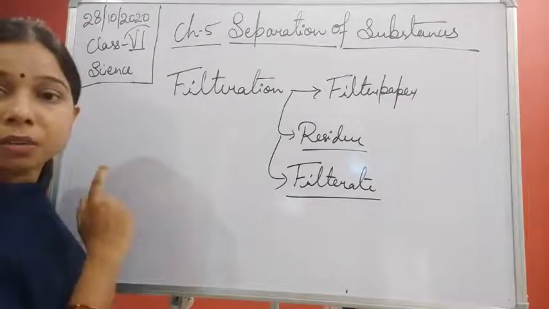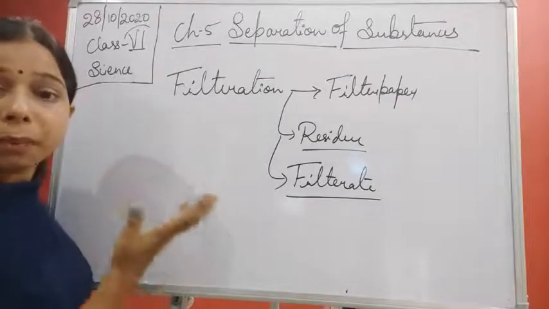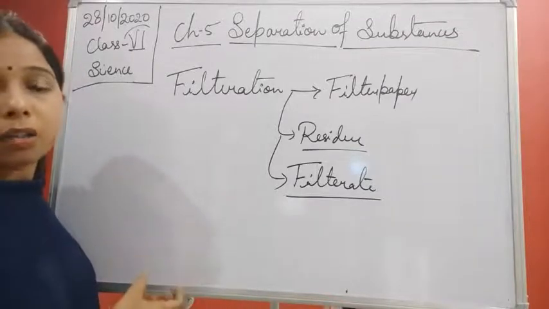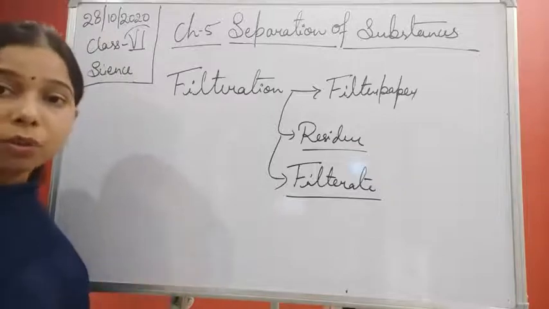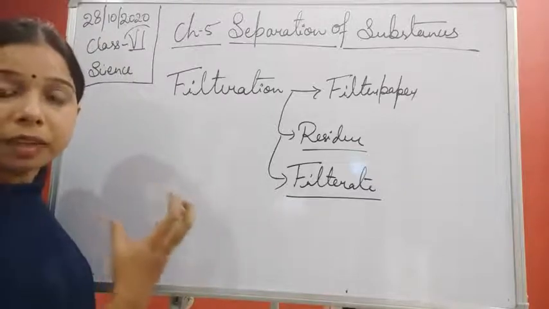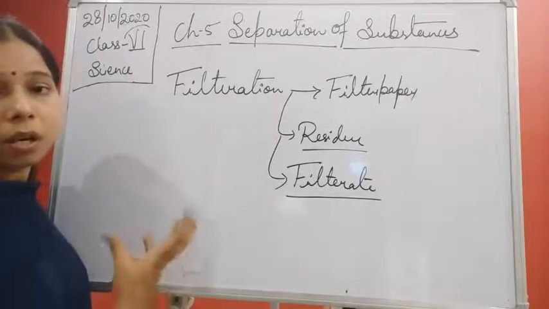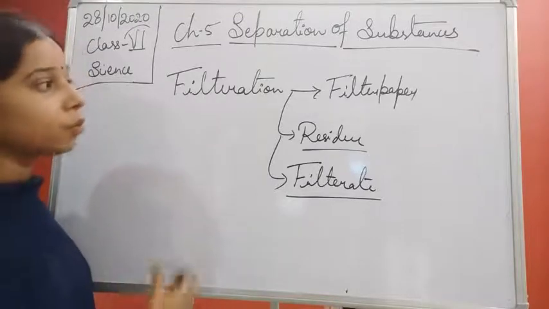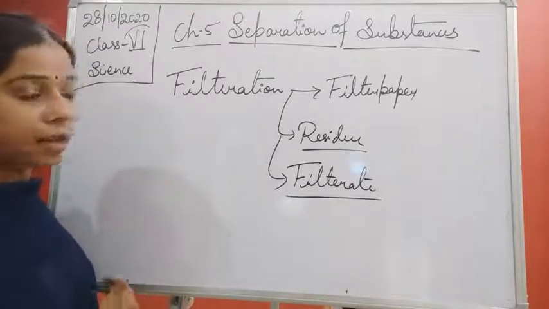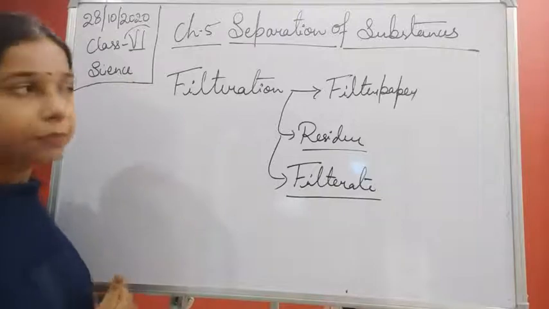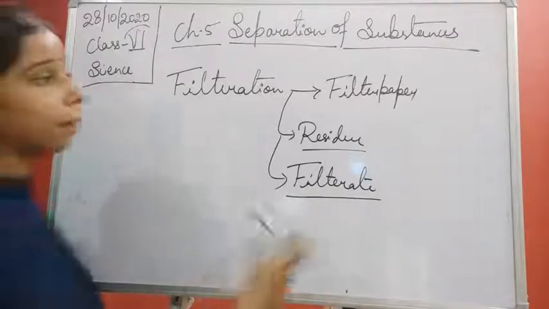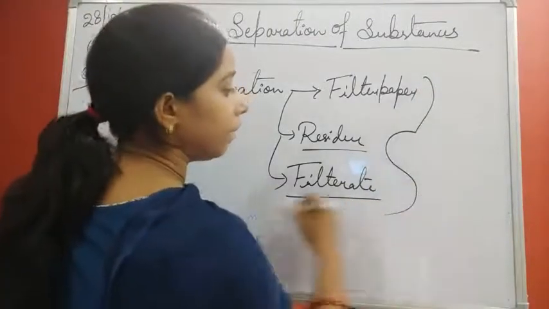So one is residue, that is the solid one which remains on the filter paper. Another one is the liquid one which passes through it and gets collected in the vessel. Okay, so filter paper is there, residue is there, and filtrate is there. So this is all about filtration.